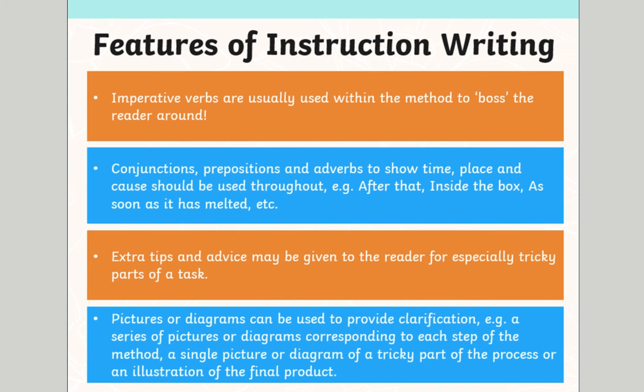Things like the words after that, or as soon as it's melted, inside the box, or when you've cut around the template. You might want to include some extra tips and advice for the reader, especially if something's a bit tricky. And pictures or diagrams can be used to provide clarification. So to make something a little bit clearer, it's really nice to have a picture alongside the instructions. And in my example, I'll show you that.